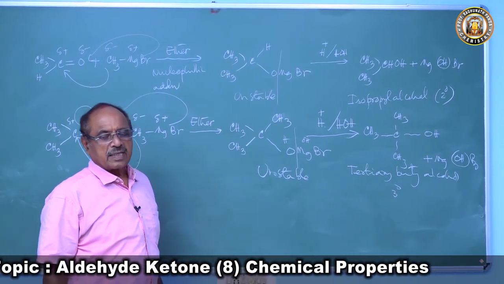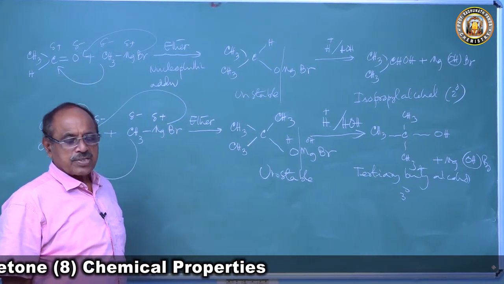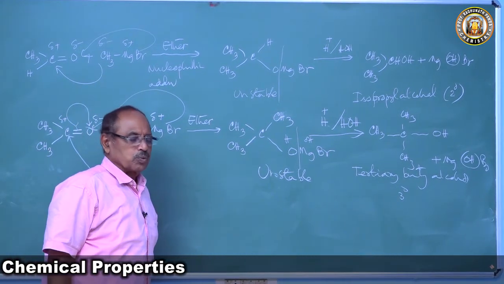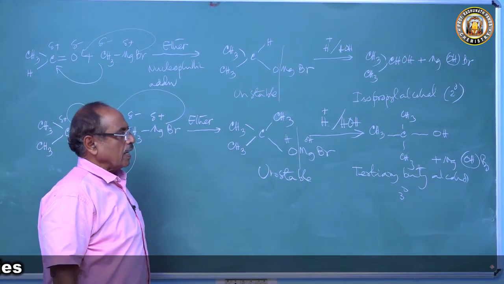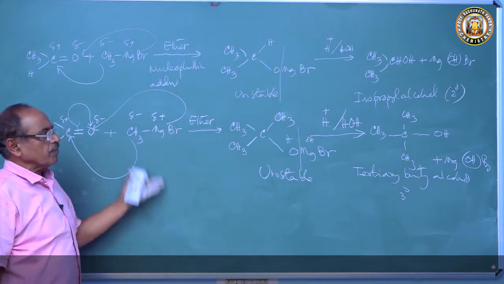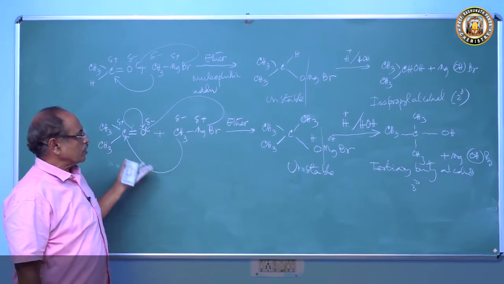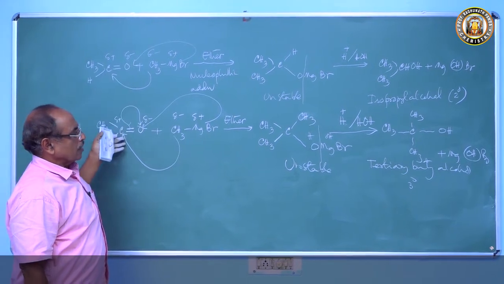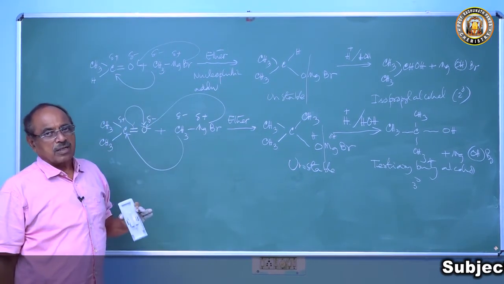We took the code HRG: hydrolysis of organic compounds, reduction of carbonyl compounds, and Grignard reagent synthesis. So this is a very important reaction. We will be using this in conversion of secondary alcohol to tertiary alcohol, and primary alcohol to secondary alcohol also.